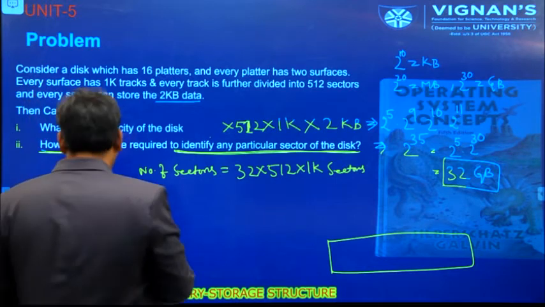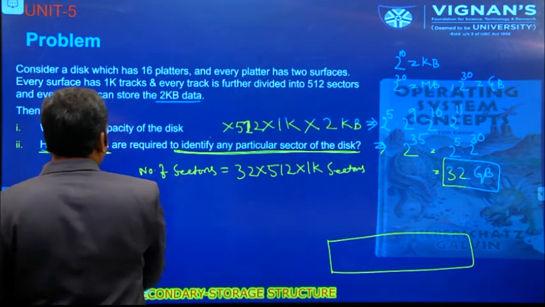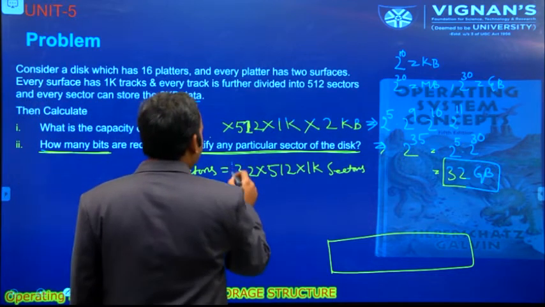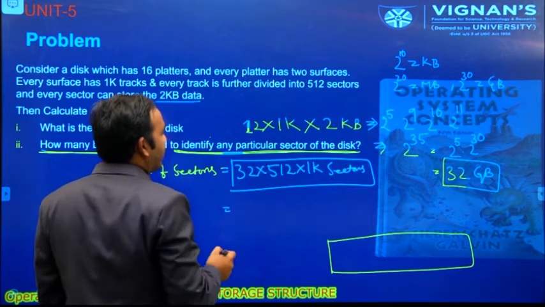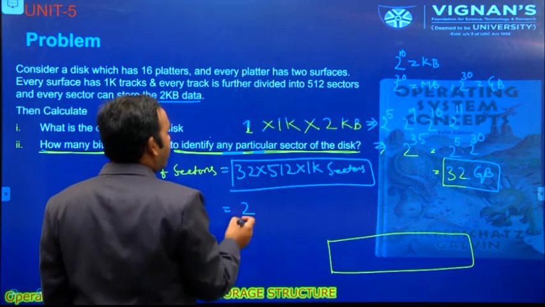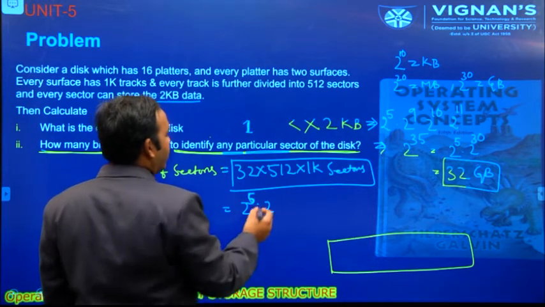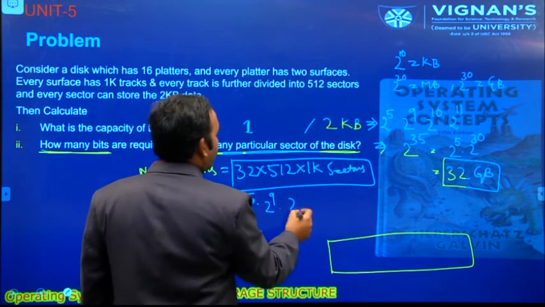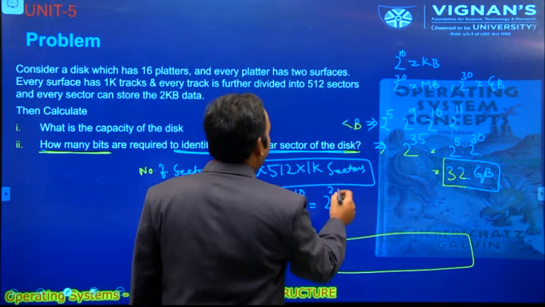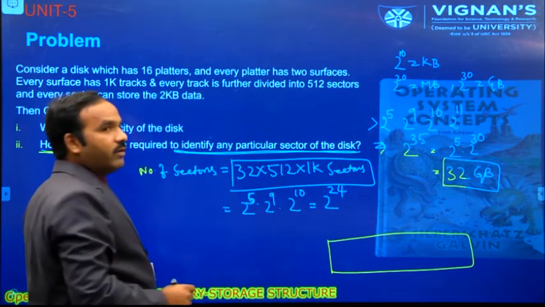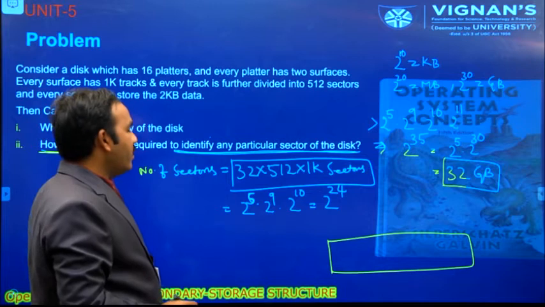Now if you convert these into powers of 2, that is 2 power 5, 2 power 9, 2 power 10. This is equal to 2 power 24.